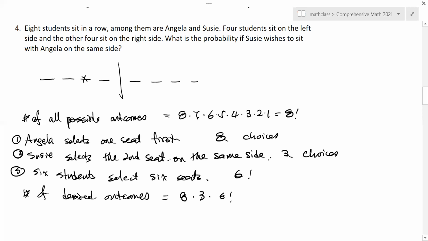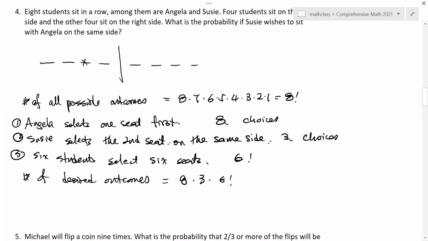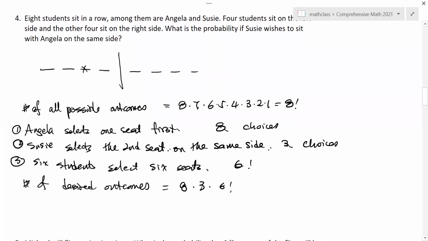You don't know how many seats are left on the same side of Angela, either 3 or 2. So that's why you have to let Susie select the second seat on the same side, in the second step.